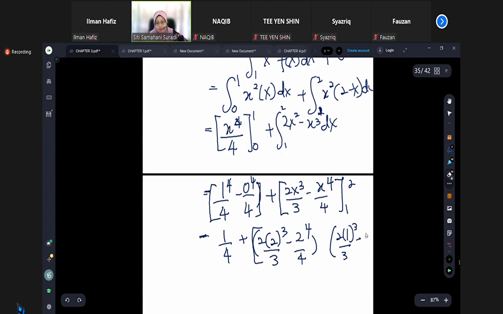Minus 1 to the power of 4 divided by 4. There should be a bracket here. So simplify for me. Not simplify, solve this problem, calculate. Simplify is different, so that was a wrong word.